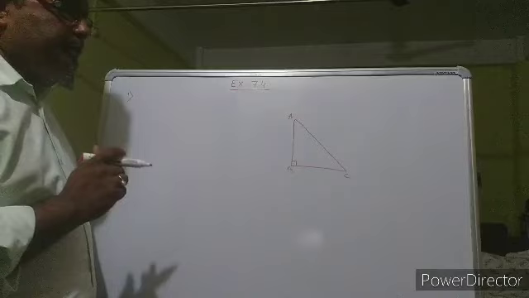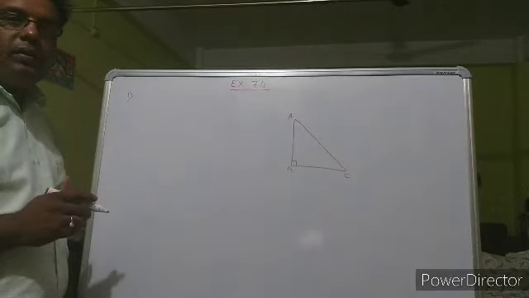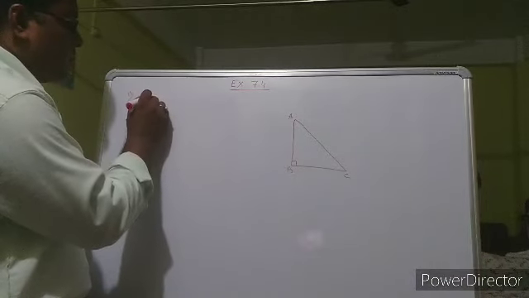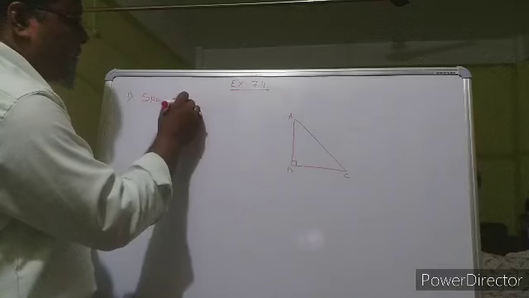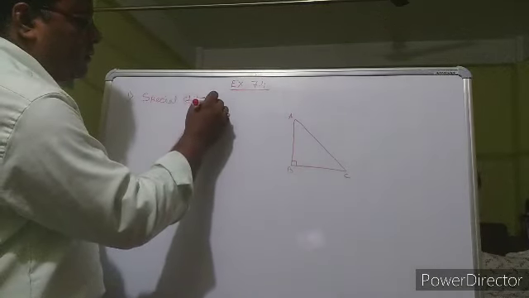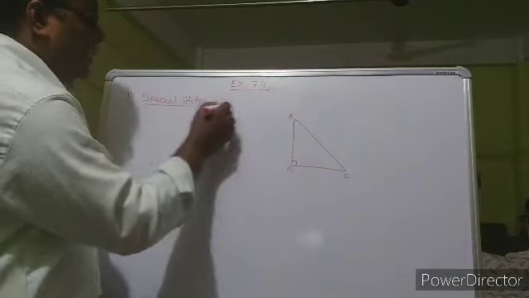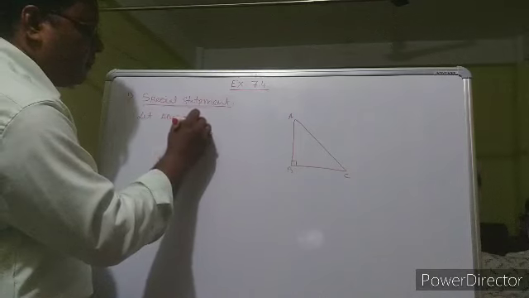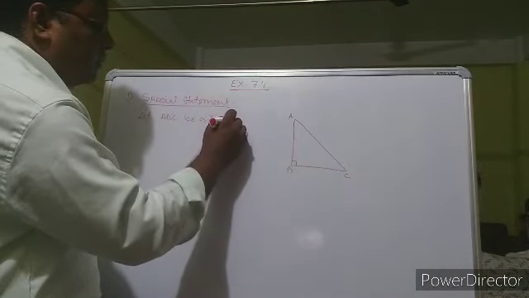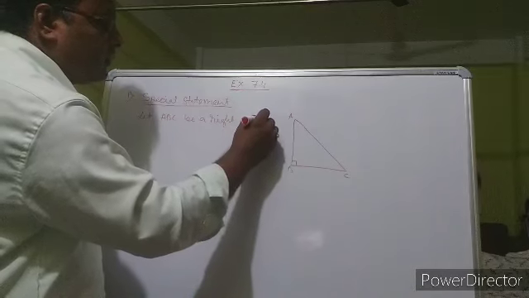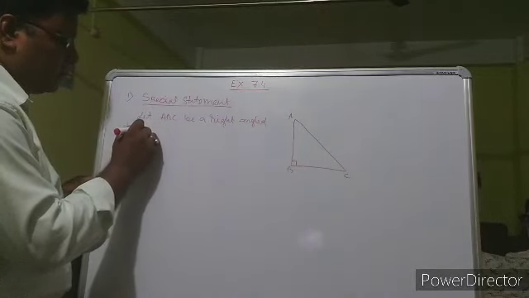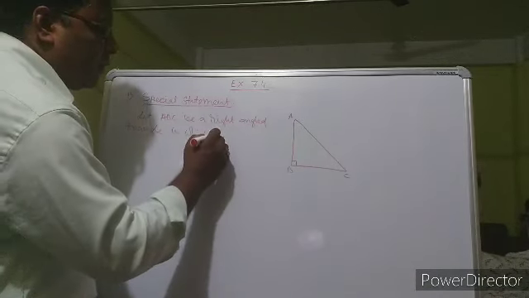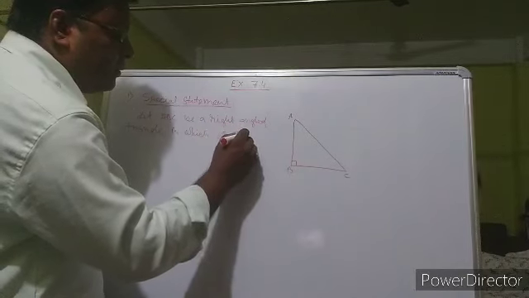So we have to write it. First we have to introduce this figure, so we have to write the special statement. Let ABC be a right angled triangle in which angle B is equal to 90 degree.